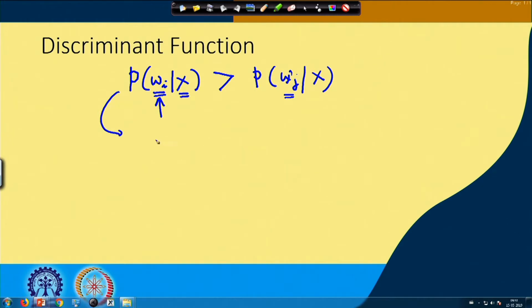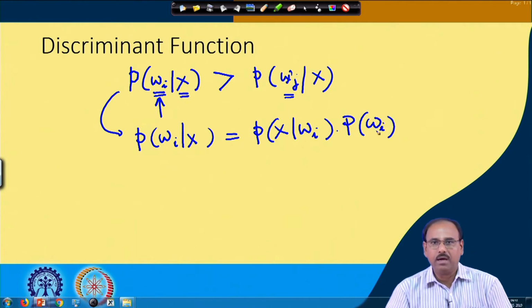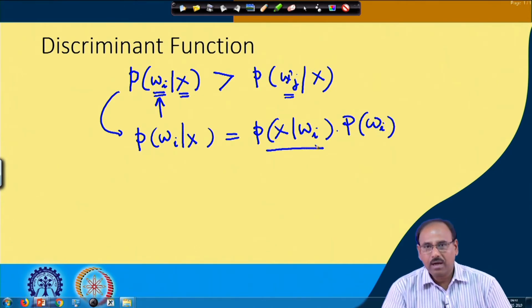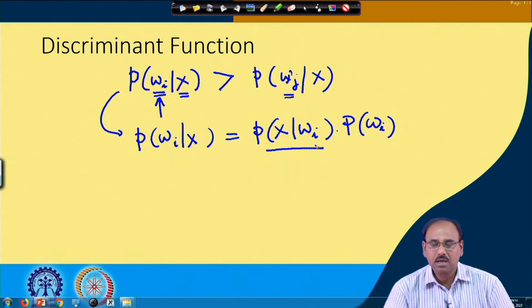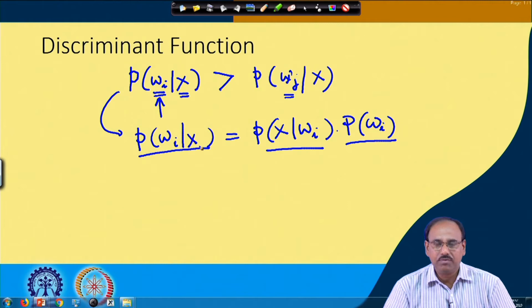If I expand this, P of omega i given x is nothing but P of x given omega i multiplied by the a priori probability P of omega i, where P of x given omega i is known as the class conditional probability density, P of omega i is the a priori probability, and P of omega i given x is the a posteriori probability, based on which we decide whether this unknown vector x should be classified to class omega i or class omega j.